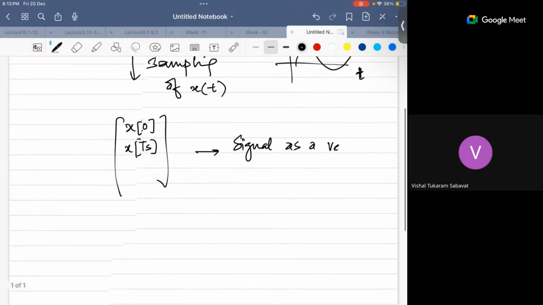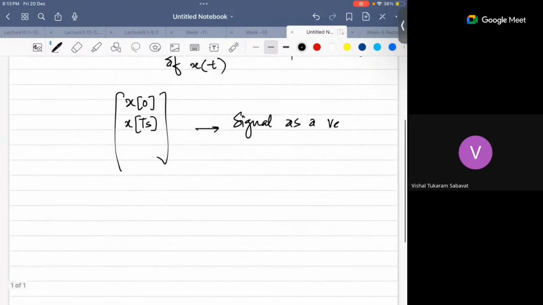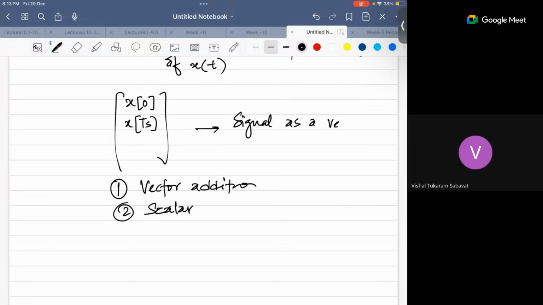Why? Because it will satisfy all the requirements that should be there for a vector. There are three requirements, right? Any signal that we convert into the form of a vector will satisfy all three conditions: vector addition, scalar multiplication, and the third one is the zero vector.